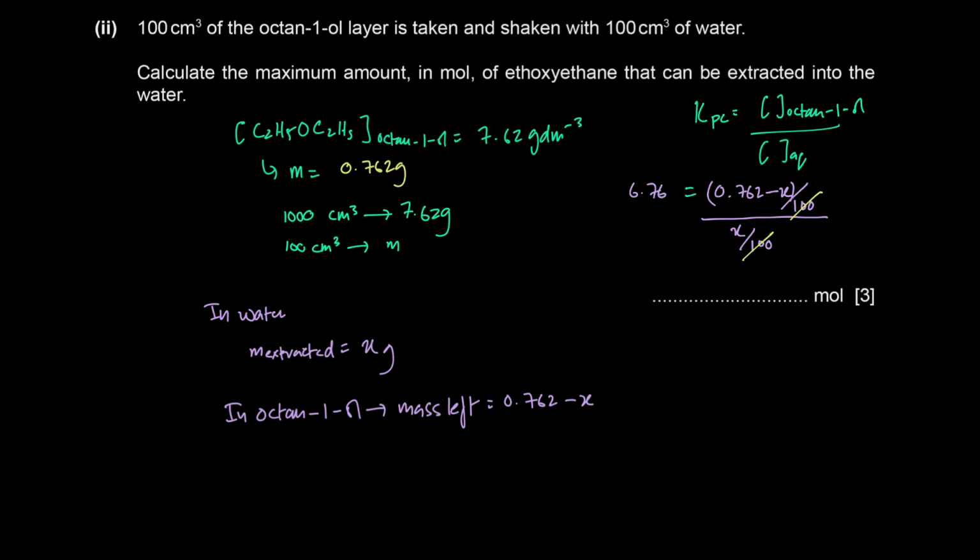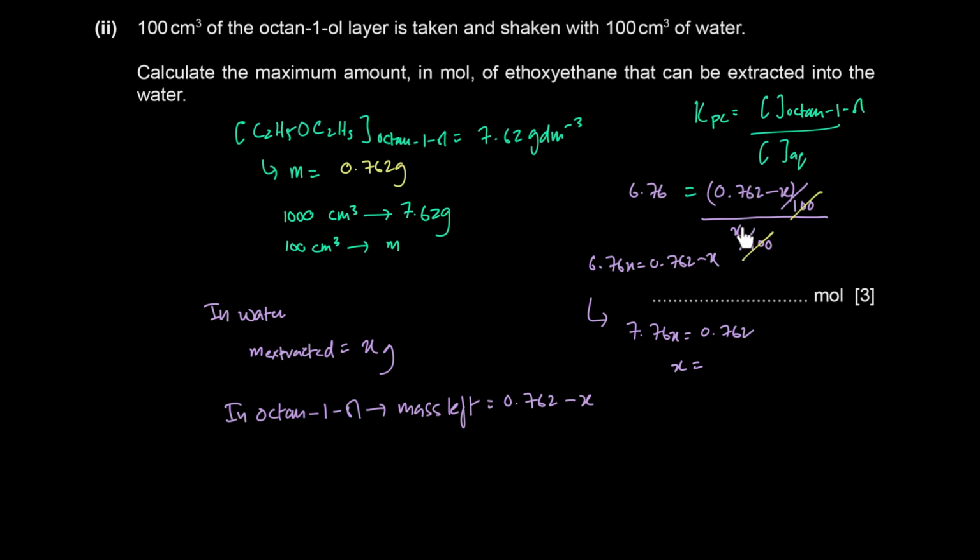So I can say over here that 6.76x is equal to 0.762 minus x. So what I get over here is 7.76x is equal to 0.762. So what does x come out to? In this particular case, since the volumes are the same, when you find the concentration, it is mass per unit volume, grams per centimeter cube.